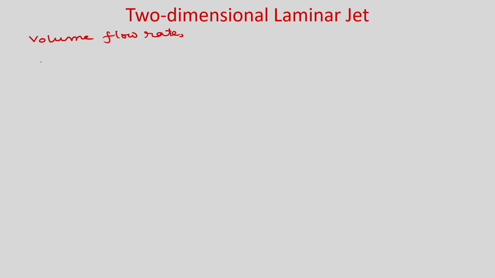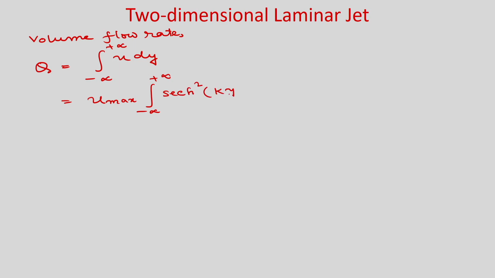So, q will become the integral from minus infinity to plus infinity of u dy, and u we have written as u max sech square k y, where k is equal to (j by 48 rho nu square) to the power 1 by 3 x to the power minus 2 by 3.